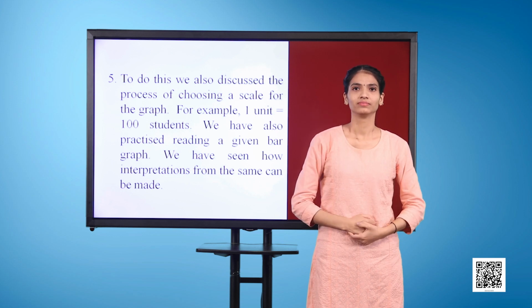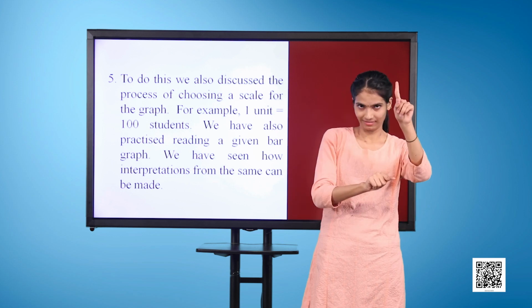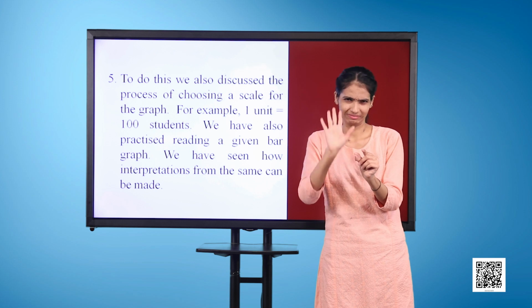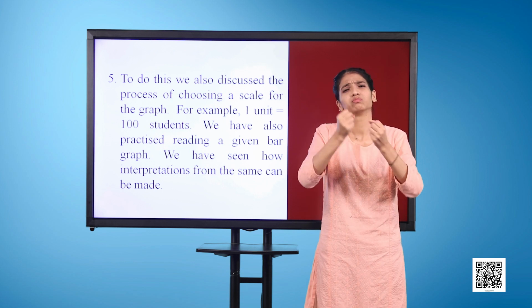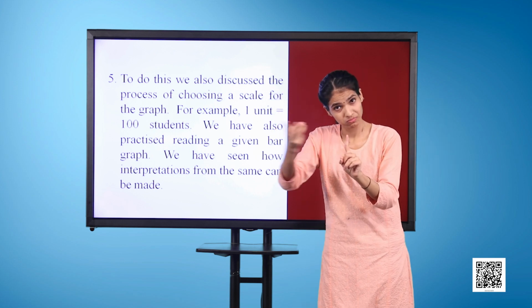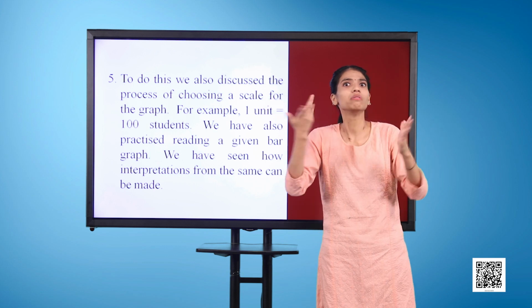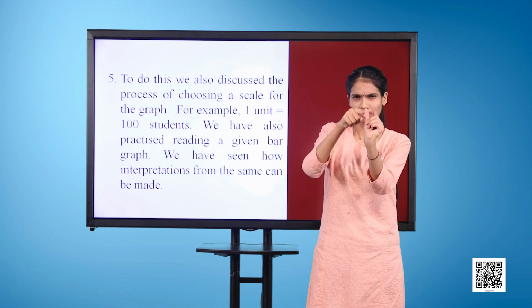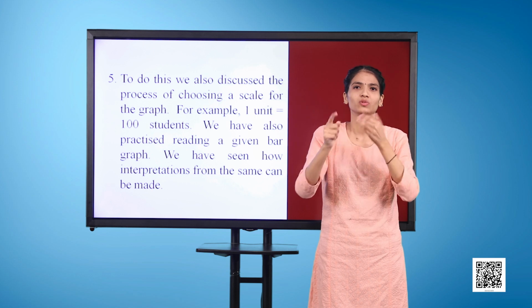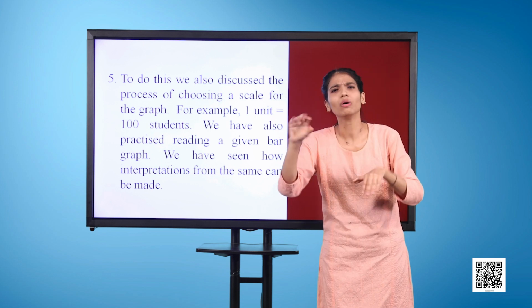Five. To do this, we also discussed the process of choosing a scale for the graph. For example, 1 unit is equal to 100 students. We have also practiced reading a given bar graph. We have seen how interpretations from the same can be made.